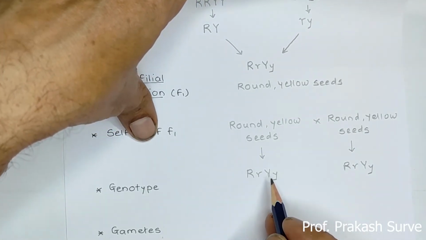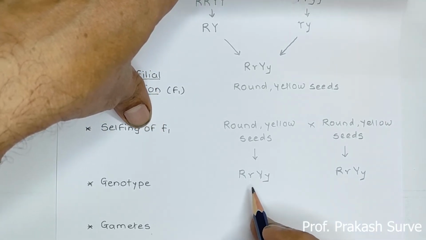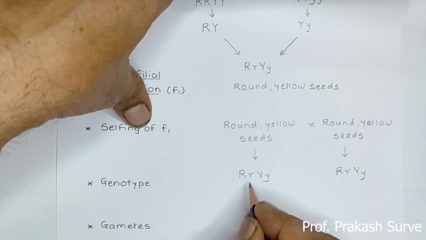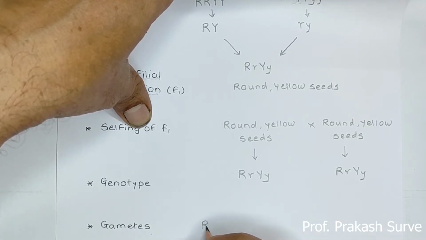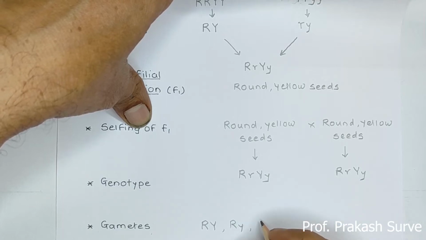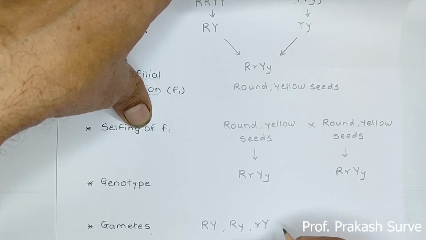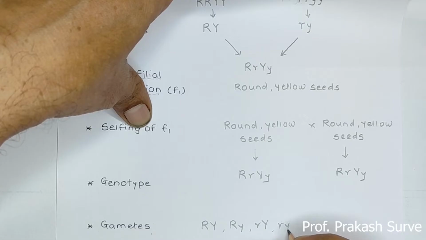This is the genotype, which is diploid. From that we have to get the haploid gametes, so while writing this you have to be careful. We'll get four types of gametes: capital R capital Y, capital R small y, small r capital Y, and the fourth one, small r small y.